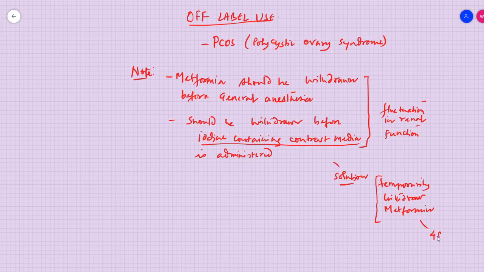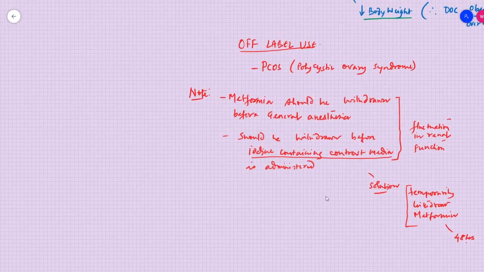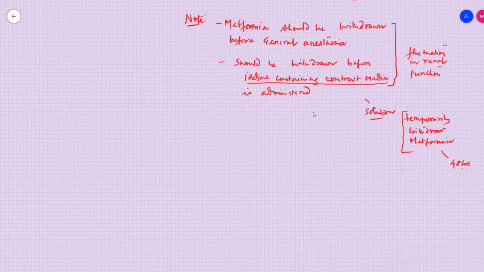Okay, so 48 hours after the procedure, or within 48 hours of this procedure, it can be reinstated. Okay, so that's the solution. So now we know why we should be careful in general anesthesia and when we do diagnostic studies, radiodiagnostic studies. Okay, which brings us to the adverse drug reactions.